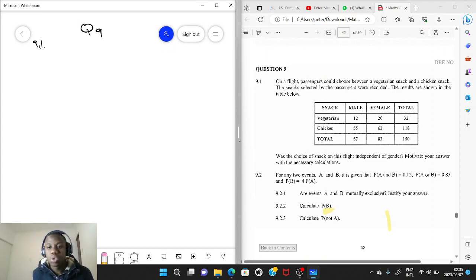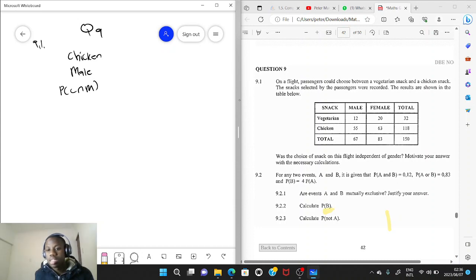The first thing that we do is choose. From the snack, I'm going to go with chicken, and for the gender, I'll go with male. It doesn't matter what you choose. The first thing I determine is the intersection of chicken and male.